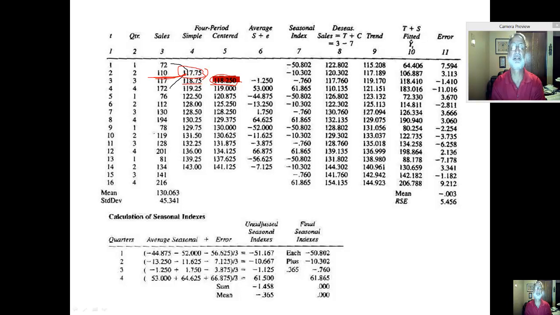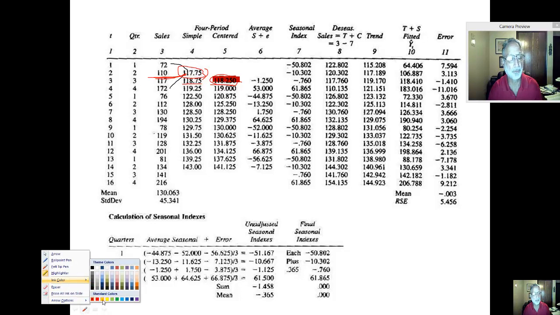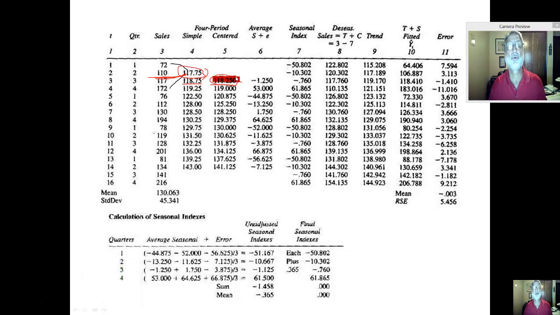But in additive seasonality, I take it out by subtracting it. So when I do that, 117.25 from 118.75 gives me 1.25, and notice it's a negative. This is now my estimate of the trend for the fourth quarter of the first year here. I subtract that estimate from the original data. Notice this is not from here, it's from here, right? Okay, it's from here.